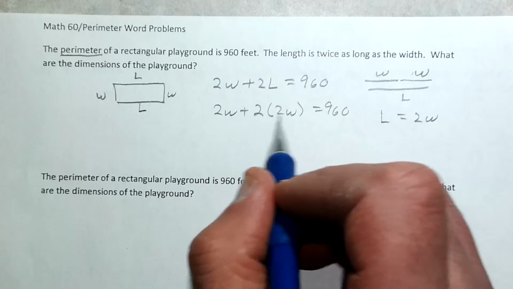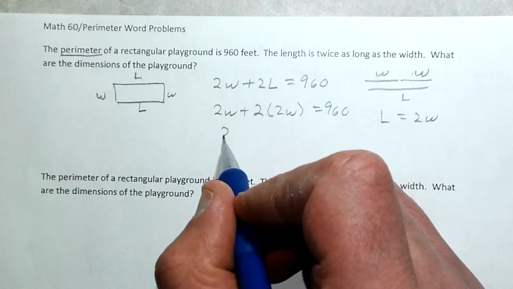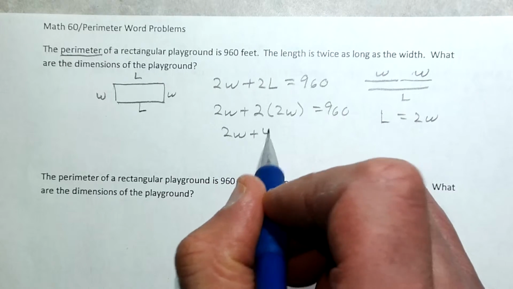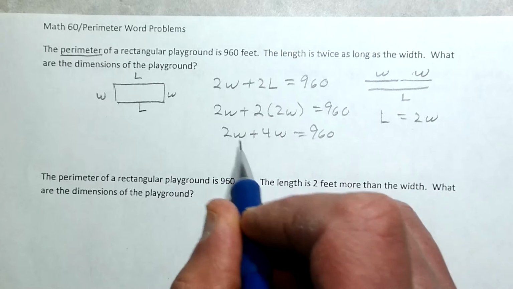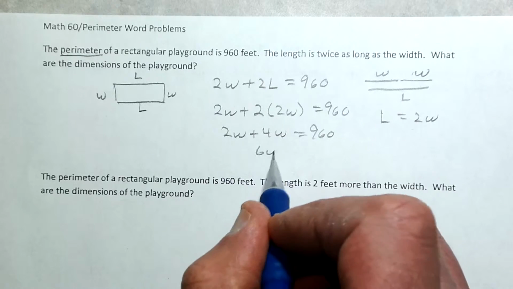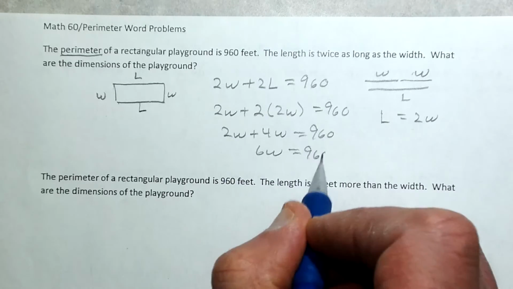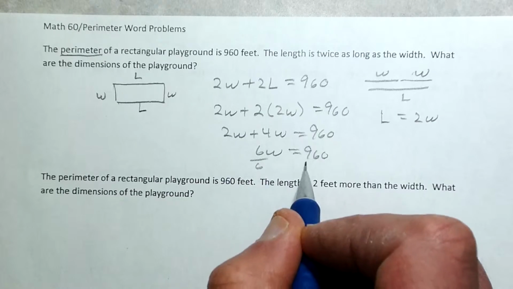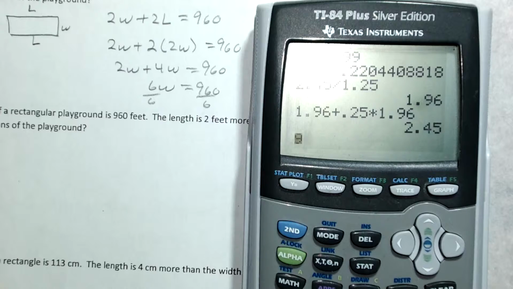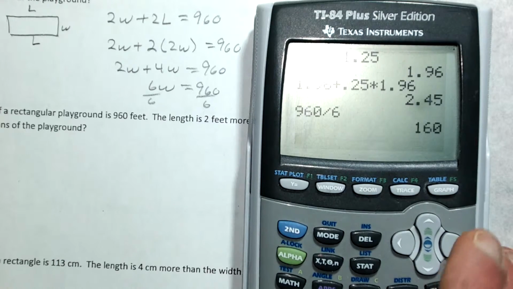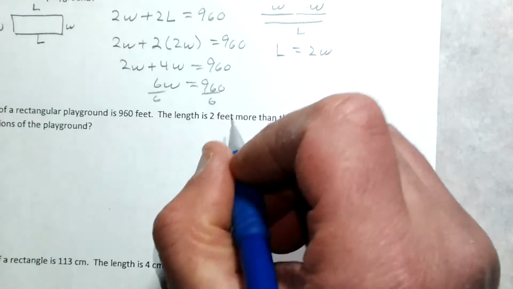We would distribute, and we're going to collect like terms and simplify this right-hand side. This would become 4w. I now have a total of 6w equals 960, and when I divide by 6, and we'll do that on our calculator here, 960 divided by 6 turns out to be 160 feet is the width.